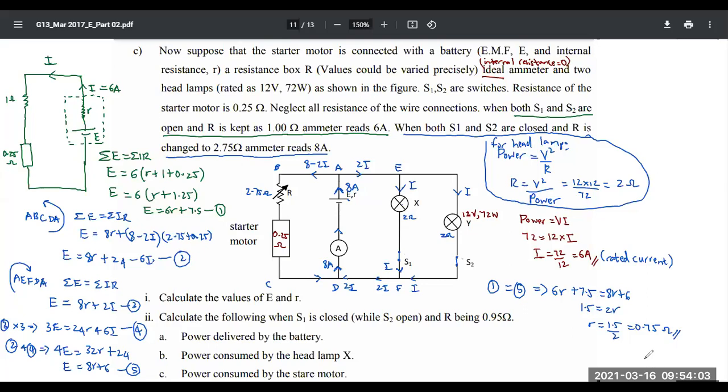Then if you substitute that in the fifth equation, E is equal to 8 into 0.75 plus 6. 0.75 is 3/4. What is 3/4 of 8? That is 6, plus 6. And the final answer for E will be 12 volt.